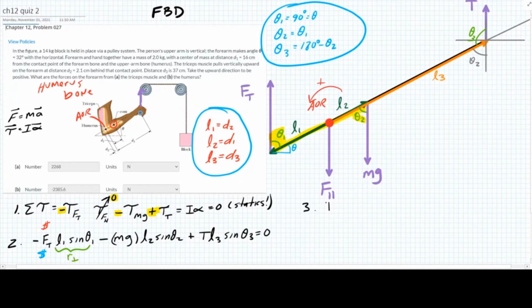This tension force equals the weight of the block. Tension force is the weight of the block, so I can substitute the tension force for the weight of the block, mass of the block times G. I can say that because things are motionless.